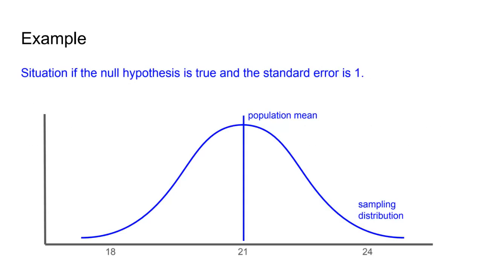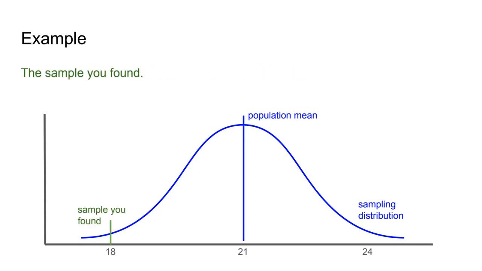First, let's think about what the situation is like if the null hypothesis is indeed true, right? If the null hypothesis is indeed true, then the population mean will be 21. And if the standard error is 1, then the sampling distribution will look a little bit like what I have drawn here in the picture. Now, the next thing is we think about, well, what is the sample that we actually got? And the sample that we actually got was a mean age in the sample of 18.